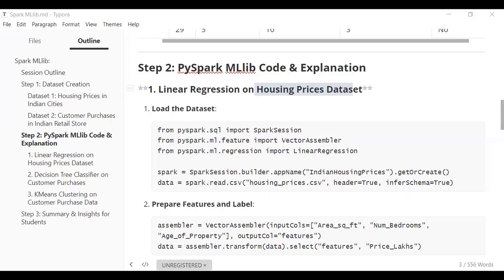You have to move ahead with the steps and understand the concept, first loading and preparing the data.